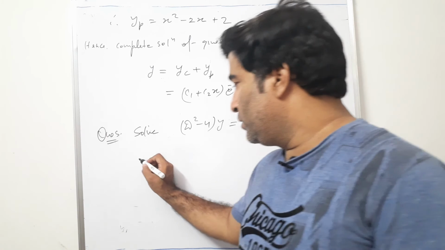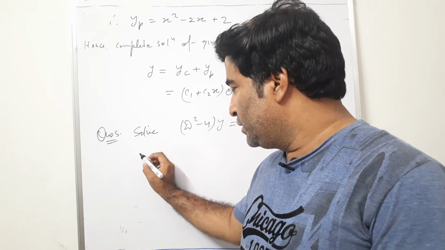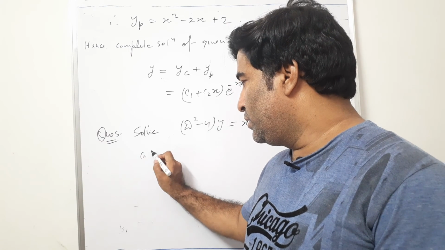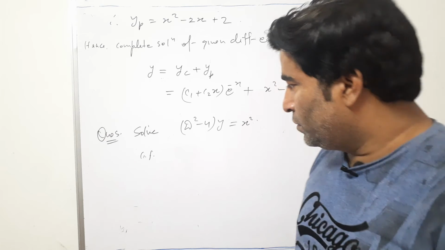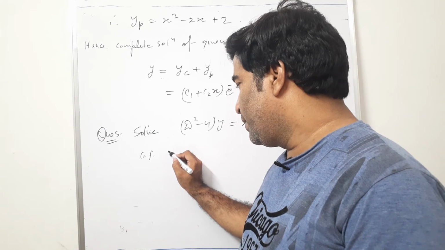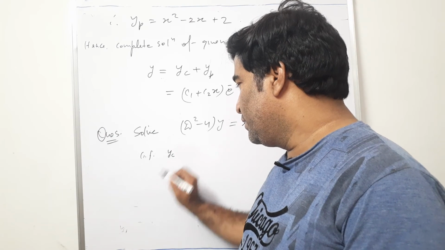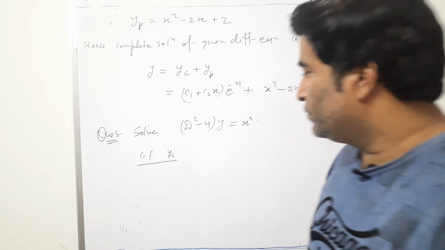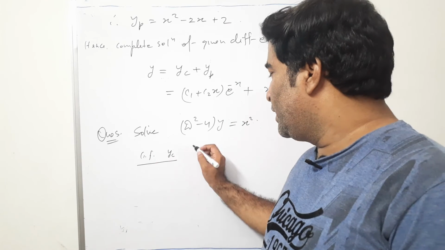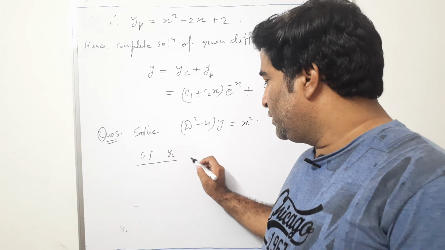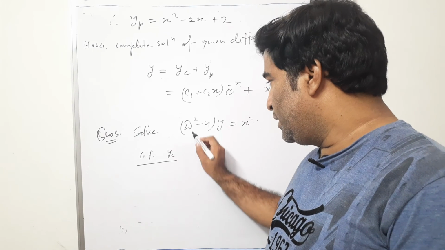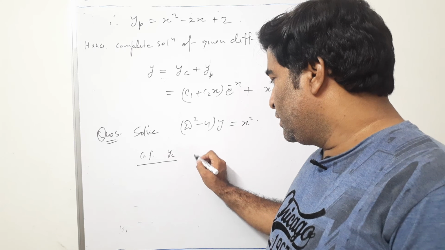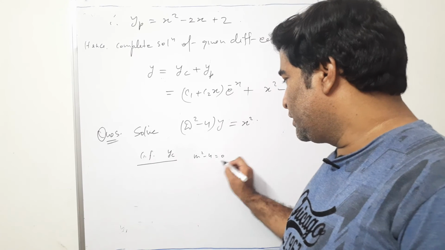So first of all we find the complementary function, in short we can write CF, and it is denoted as yc. To find it, we take m in place of D, and we have m² − 4 and take it equal to 0.